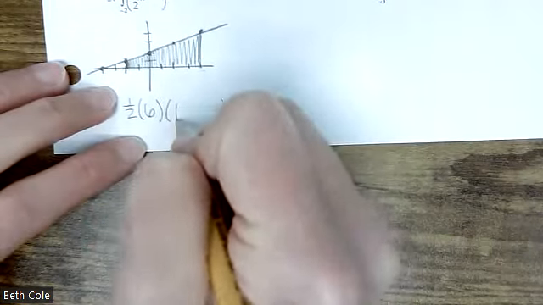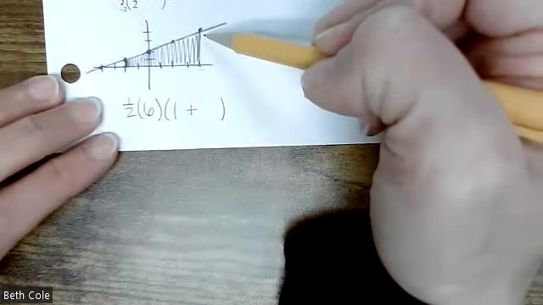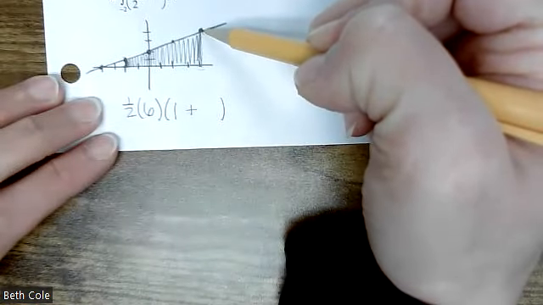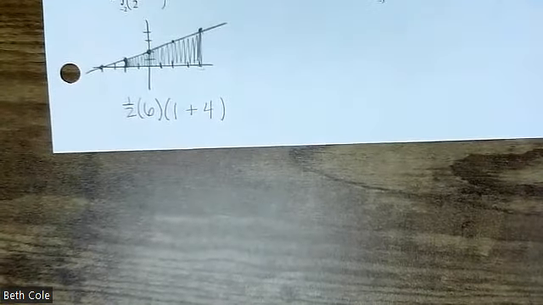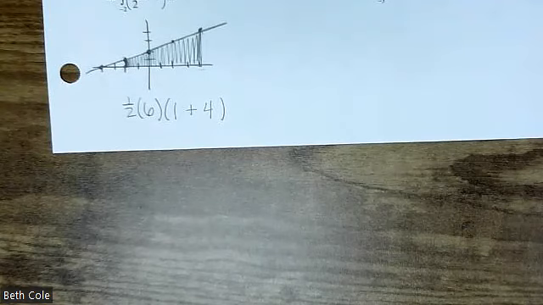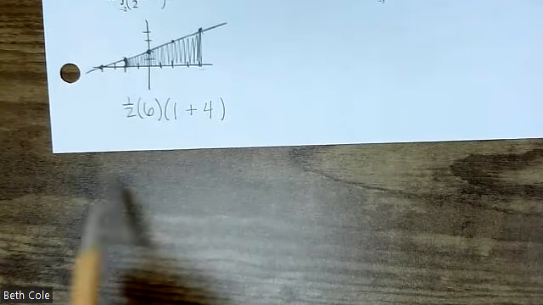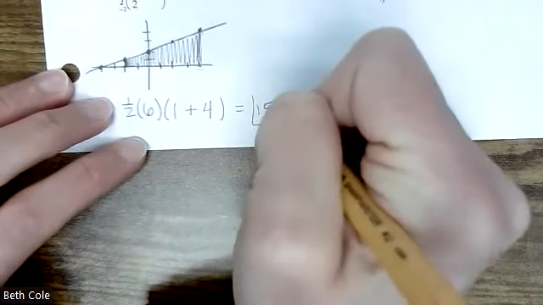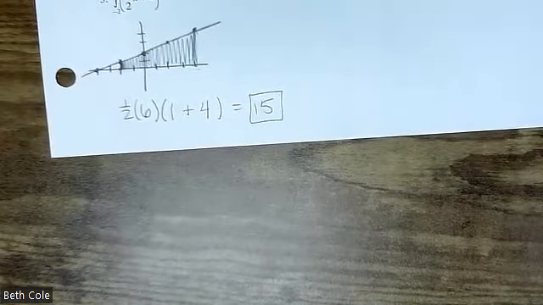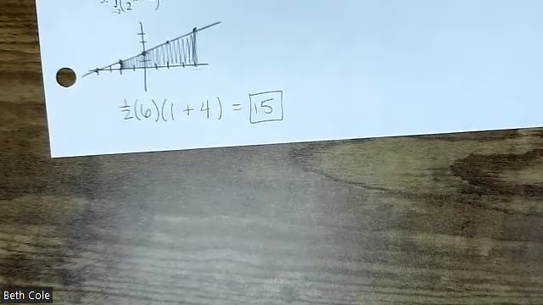That's just 1 plus, and then you've got this one, which is 4. I think we could work that out. That's not too terrible. 1/2 of 6 is 3 times 5 is 15. Yeah, so that wasn't too bad. That's all areas. Integrals are areas.